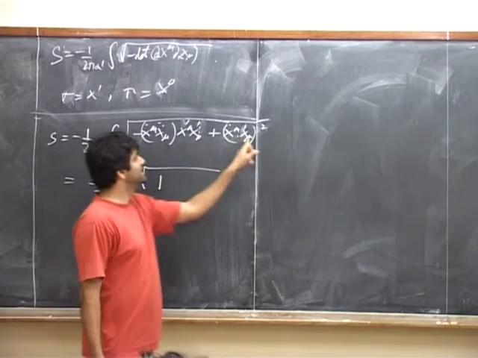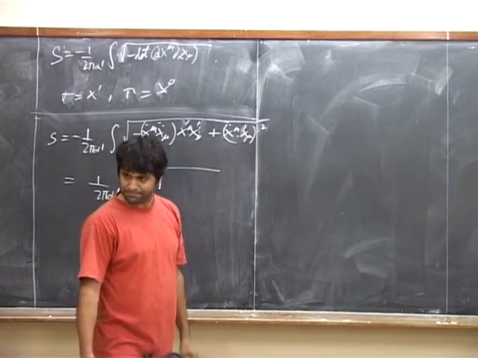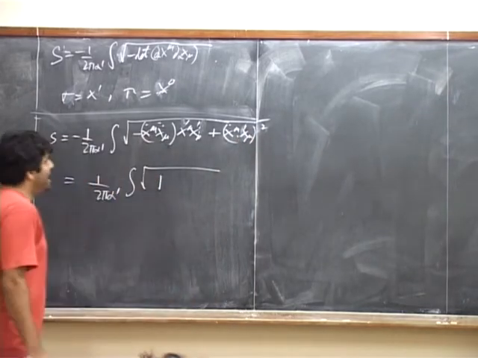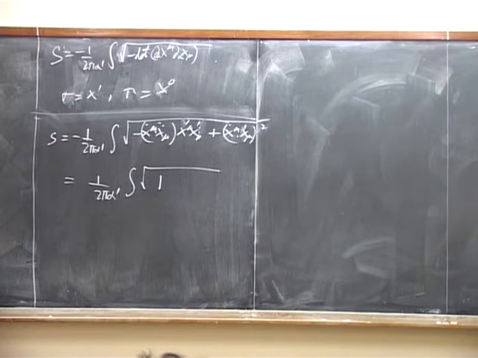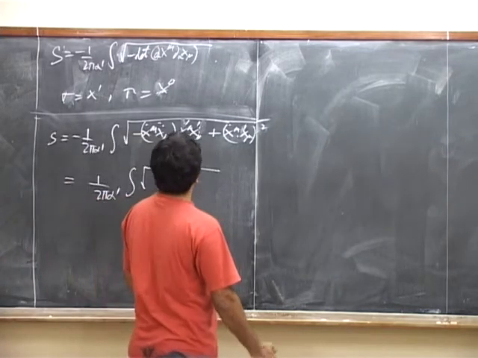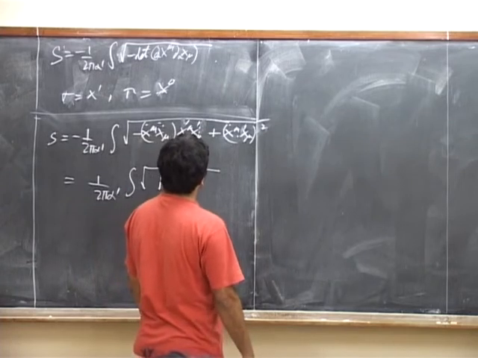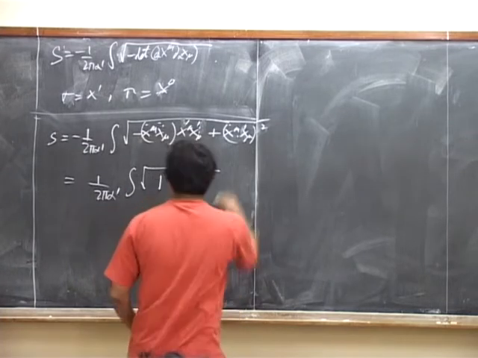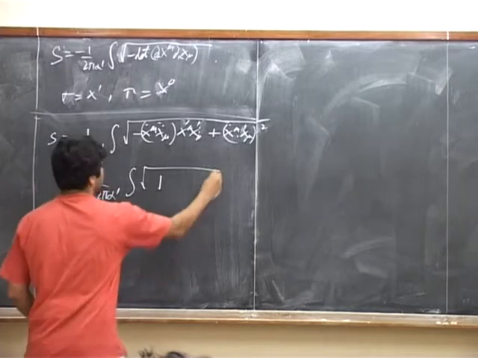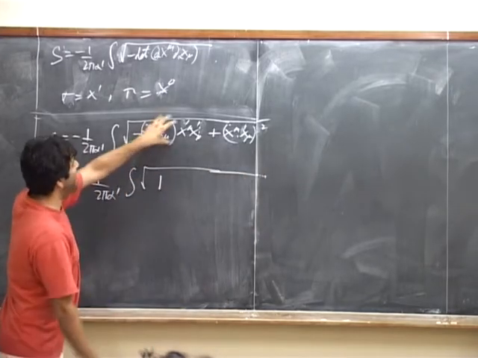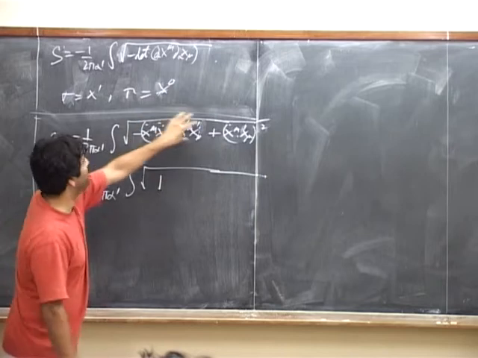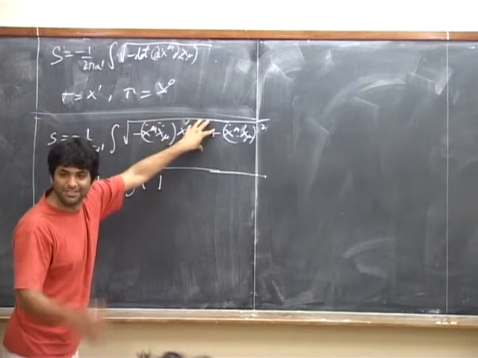This term is 0 in the background. Okay, so this term is 0. We should do this carefully, but let me just take what comes from this term to save time.